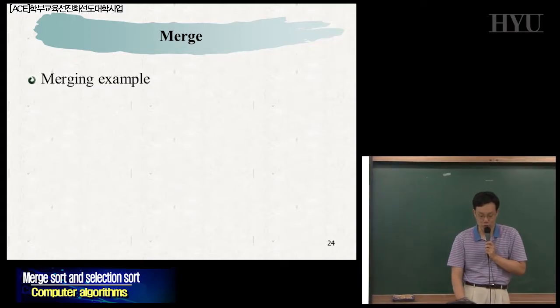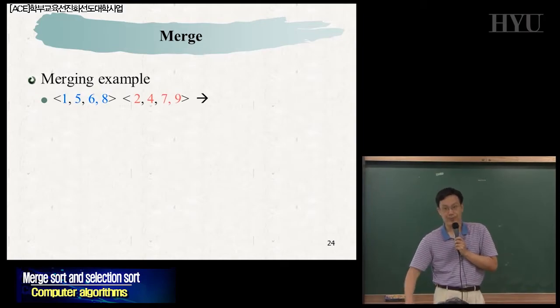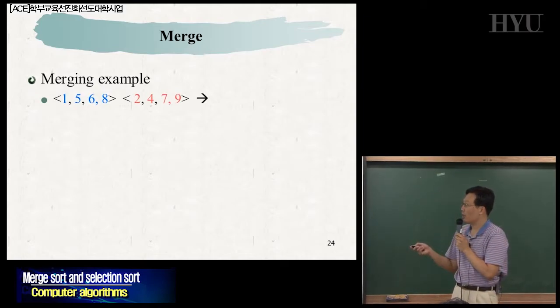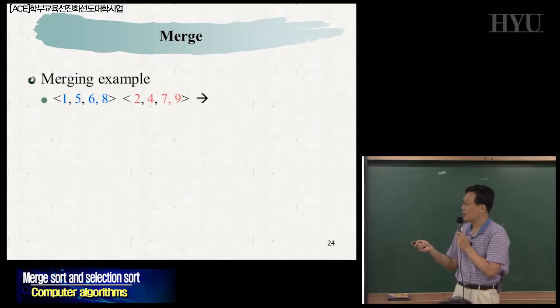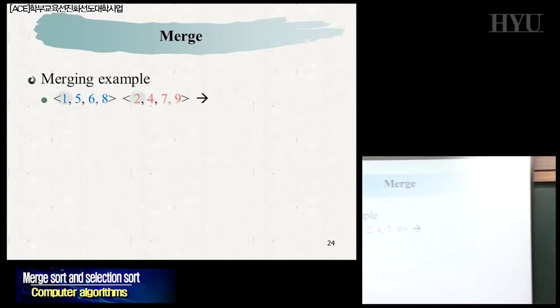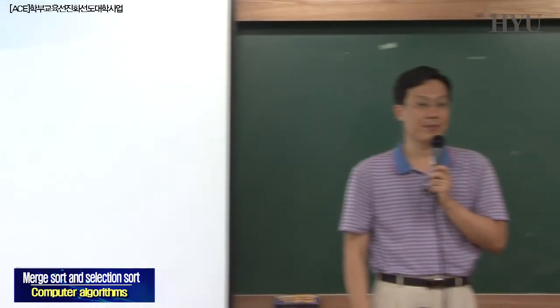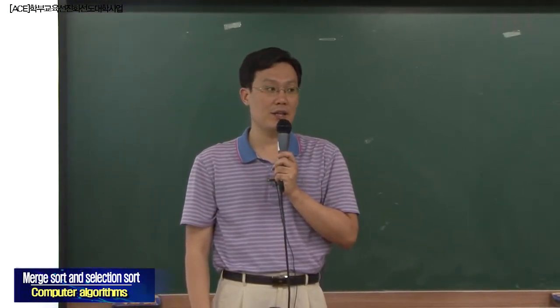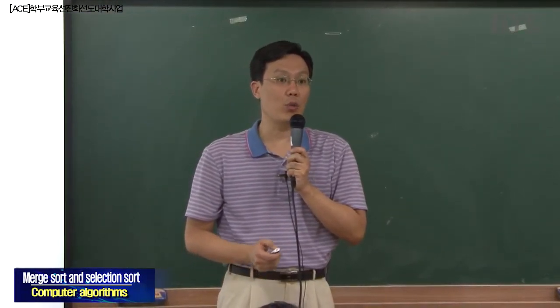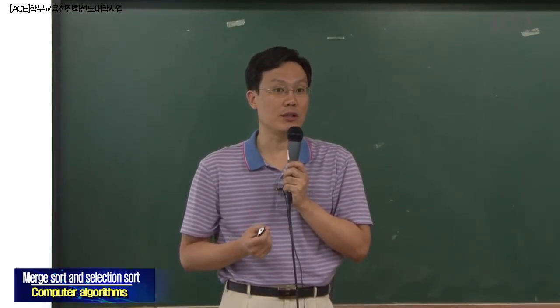Let me show you a merging example. We have two lists. They are sorted. First, we compare the first two elements and take the smaller one. Which is smaller?